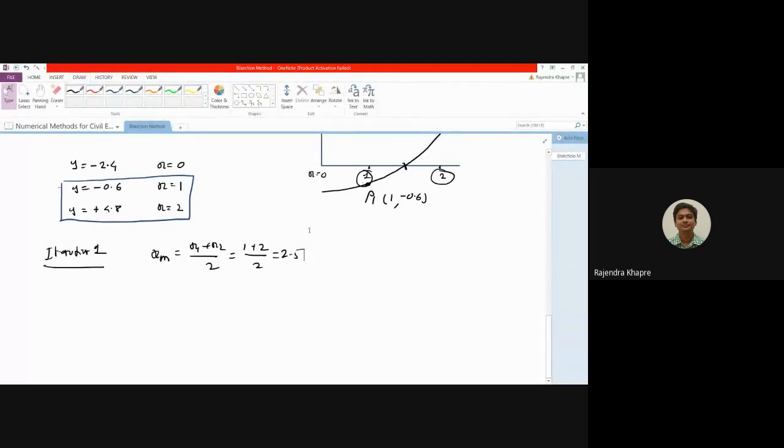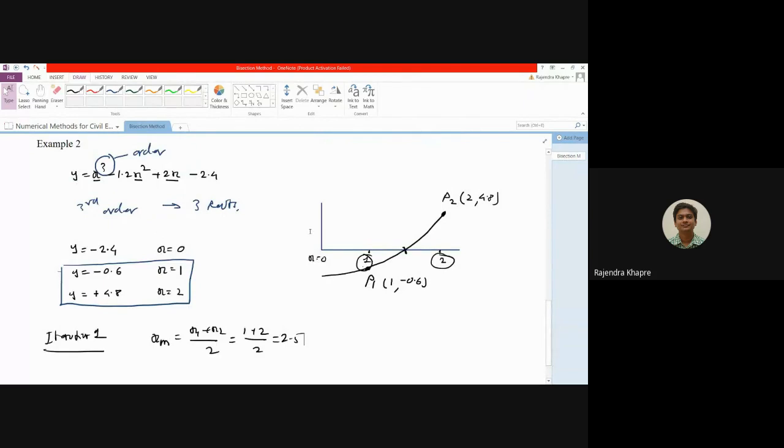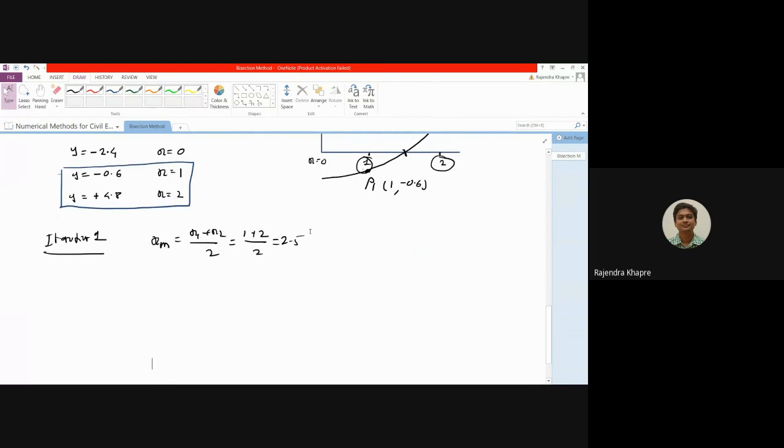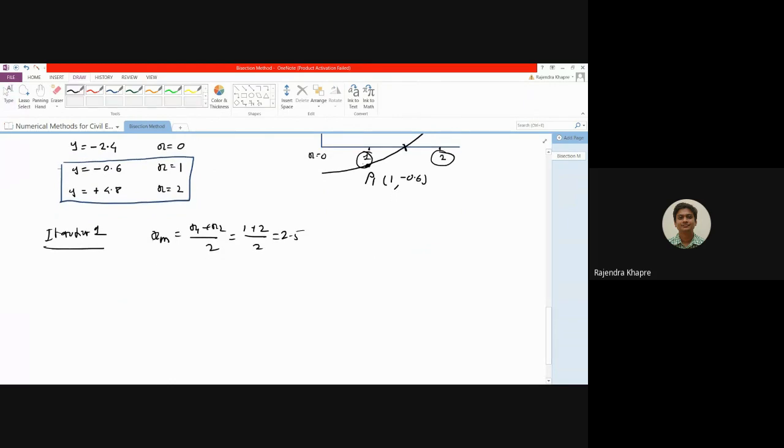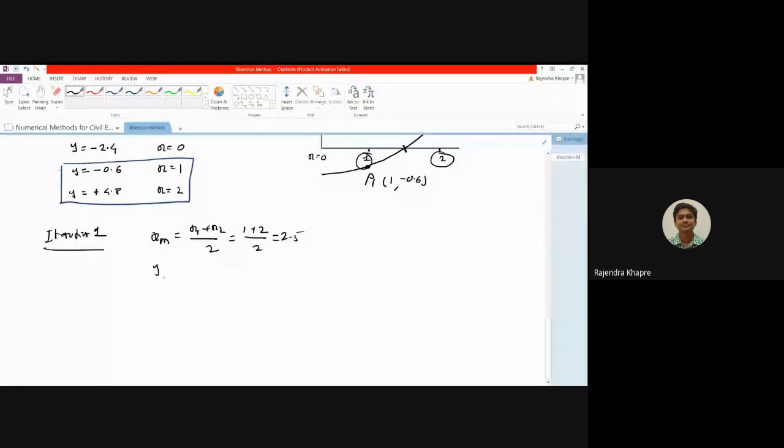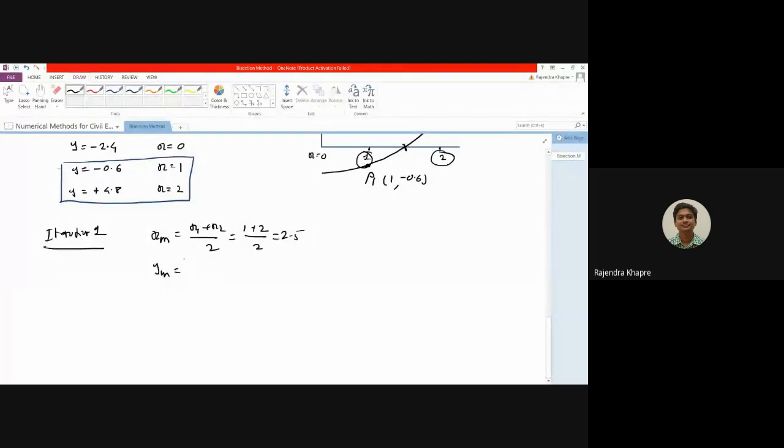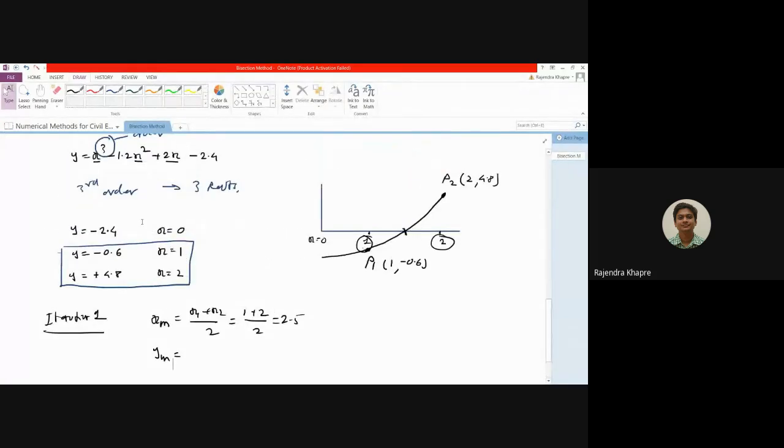If you see this figure, I am dividing this entire thing into two equal parts, so I'm basically bisecting it. Corresponding y, now I have to calculate, so this will be my ym. All you have to do is substitute the value of x in this particular expression so that you can get the value of ym. Can anybody tell me what will be the value of ym, please?